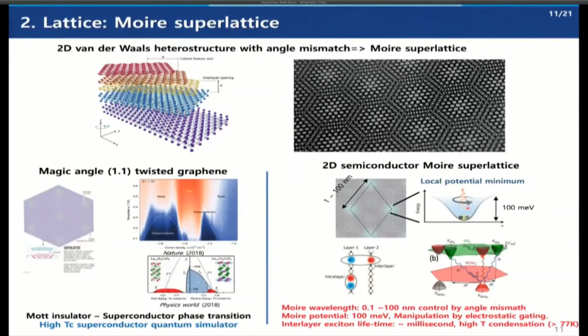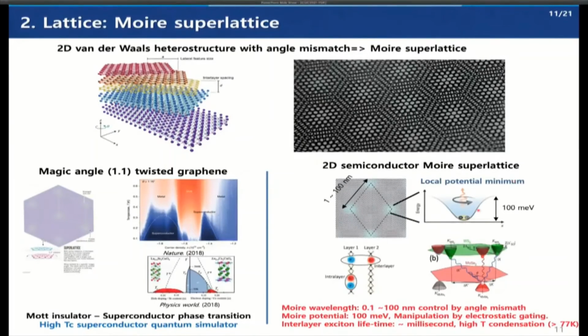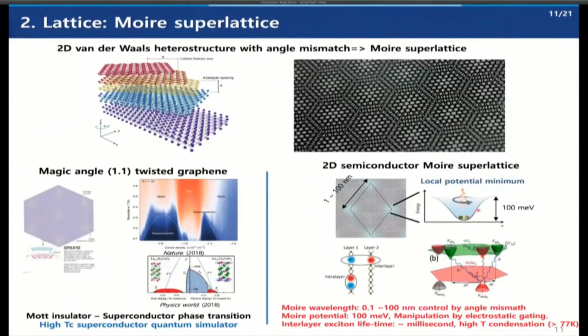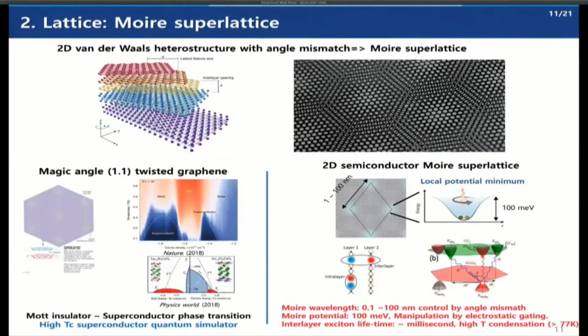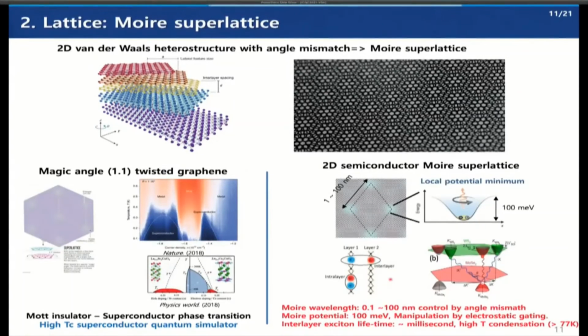Normally the potential minimum is around 100 millielectronvolts, and we can easily manipulate it by electrostatic gating. Another advantage is that we use interlayer excitons, which have a very long lifetime, around a millisecond. It means we can realize the quantum simulation system at relatively high temperature, above liquid nitrogen temperature.